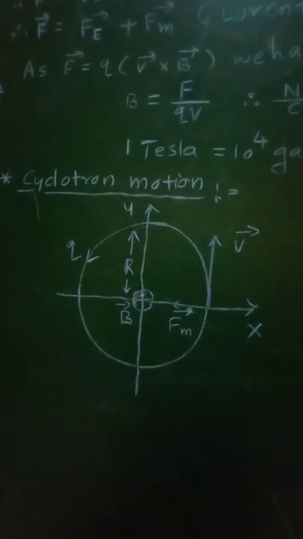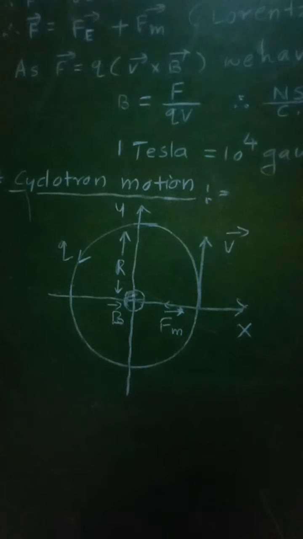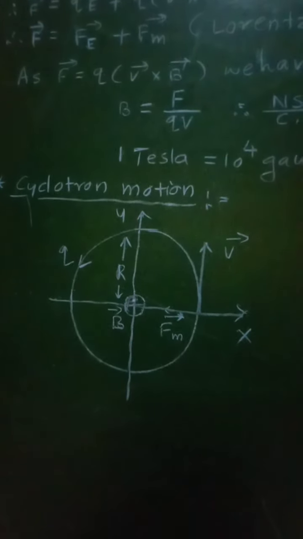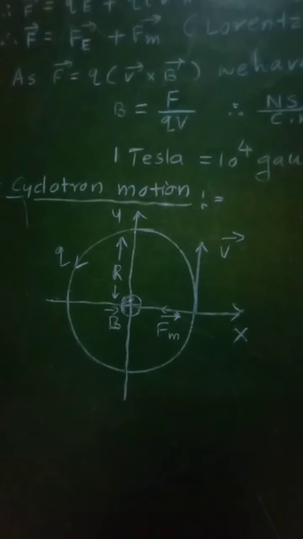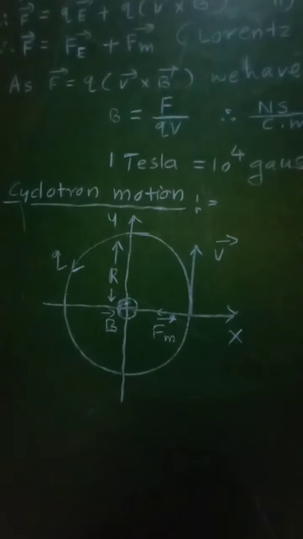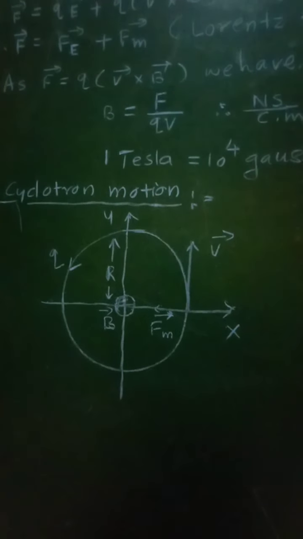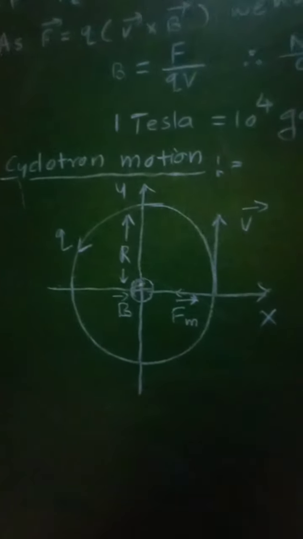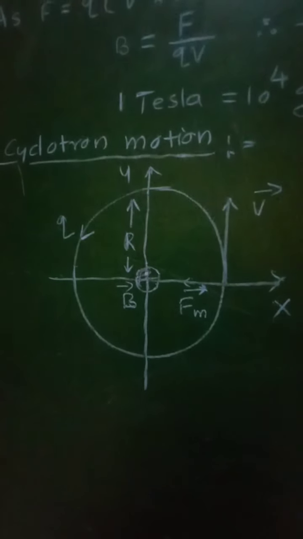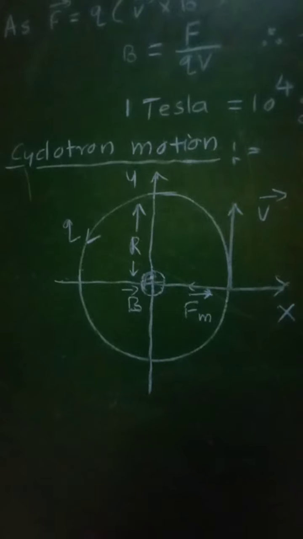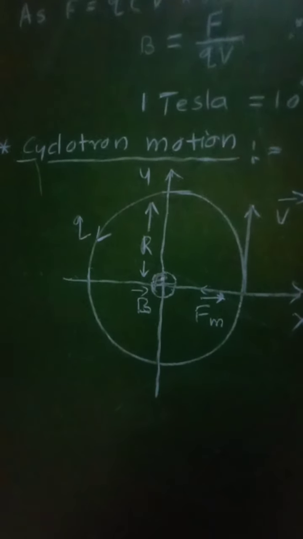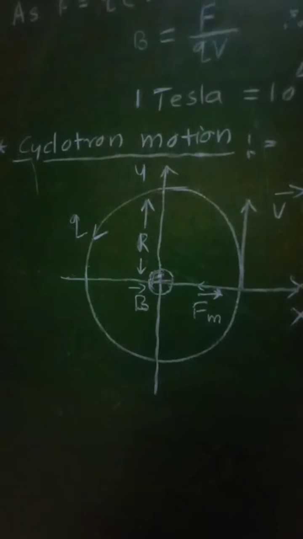Now, according to the Lorentz force law, the magnetic force acting on the particle will be directed towards the center of the circular path of radius r. As that charge is performing circular motion, the centripetal force must be acting on it, and that will be the magnetic force, directed towards the center of this circle.